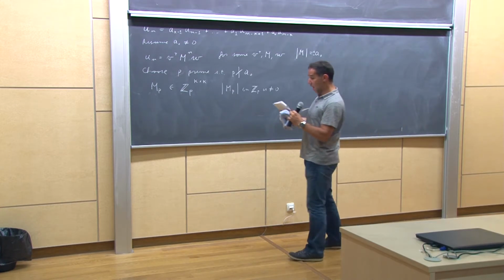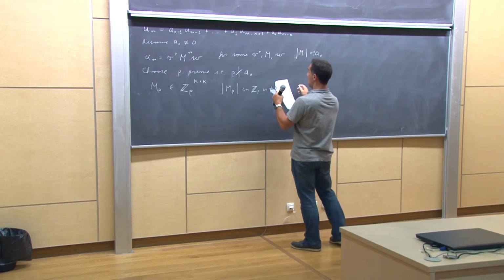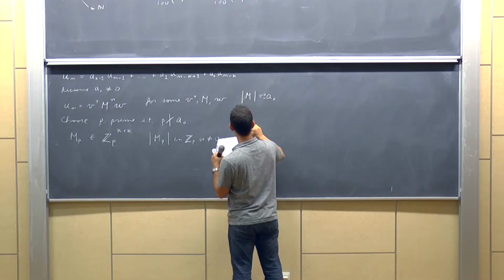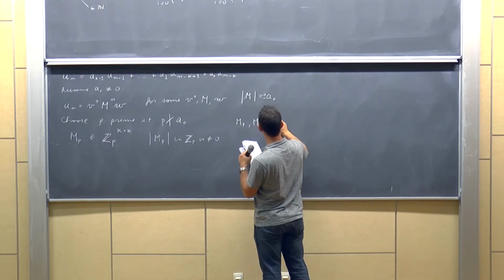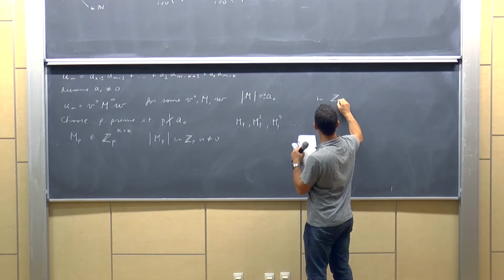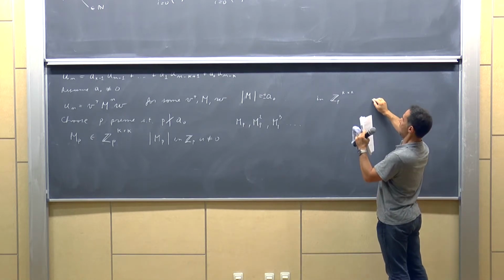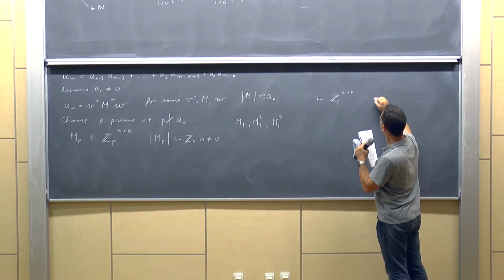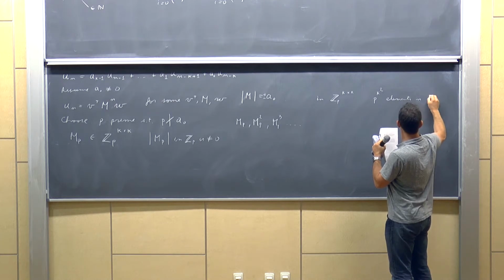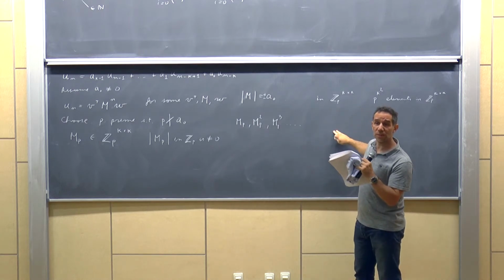Okay? And therefore I know that it's invertible. And I look at the sequence M_p, M_p squared, M_p cubed, and so on. So that's a sequence that I evaluate in Z_p k cross k. Now, in this sequence, I will have at most p to the k squared elements in Z_p k cross k. And so at some point, two of these matrices will be the same.